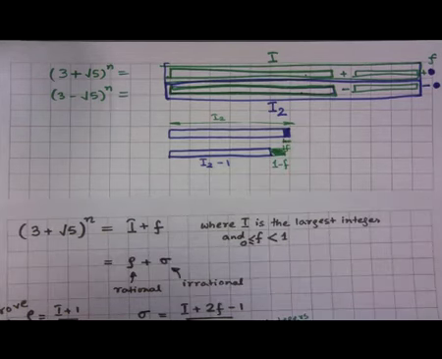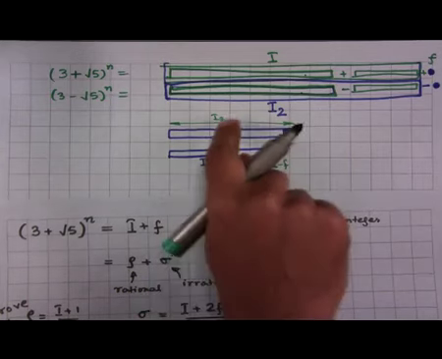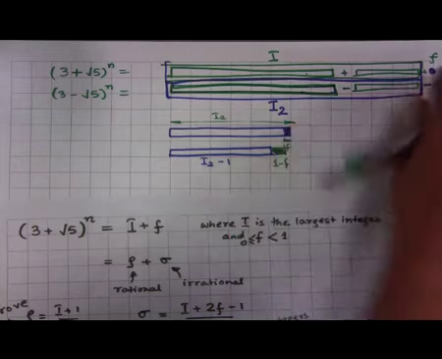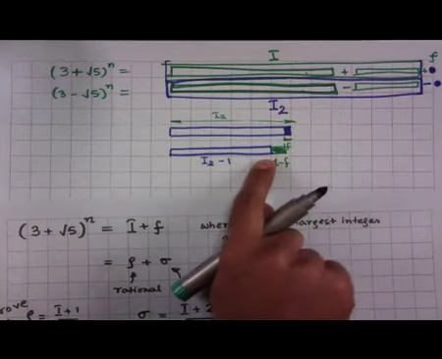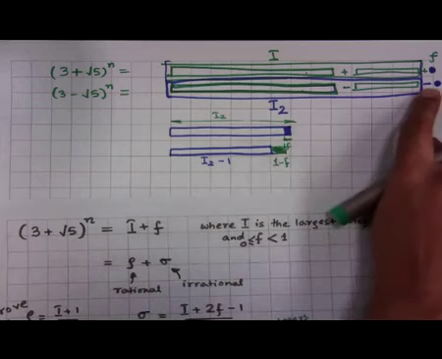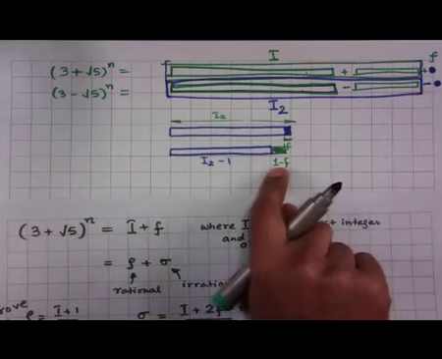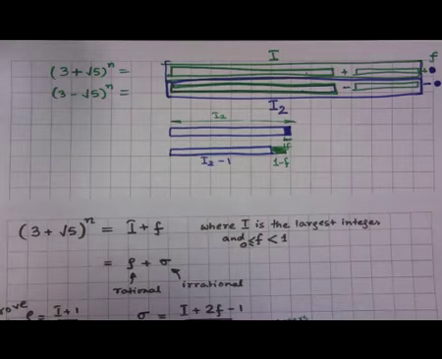I am trying to draw it pictorially, right. So, the integer part is no longer the old integer, this minus this, it is this minus this and minus an extra 1, and the fractional part is 1 minus f, all right.